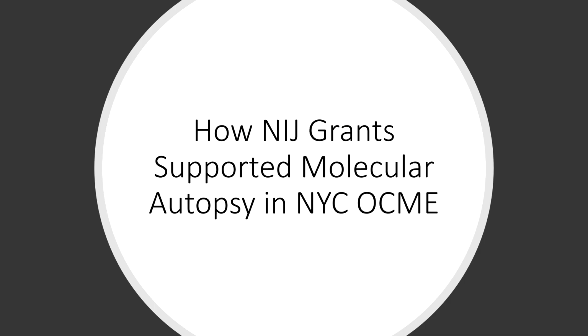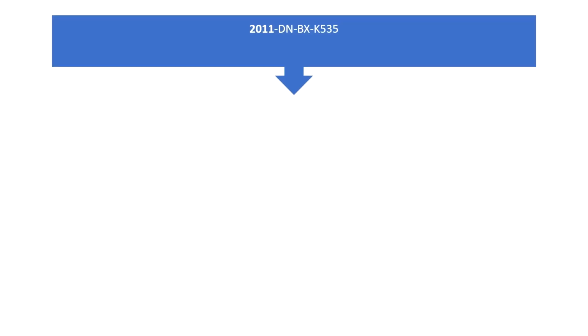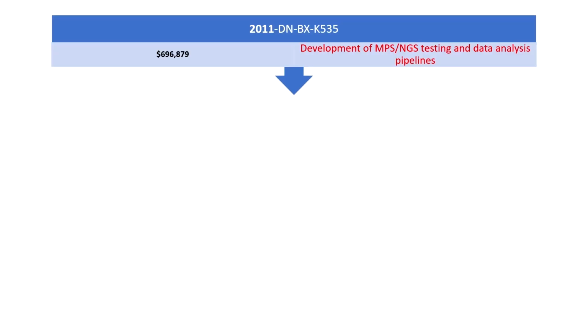Next, I would like to acknowledge NIJ grant support in the implementation of post-mortem genetic testing in our office. Since 2011, we have received 4 NIJ grants under the category of research and development in forensic science for criminal justice purposes.